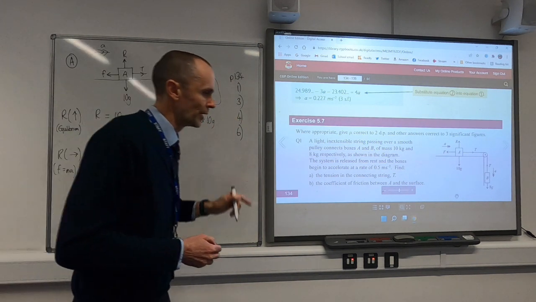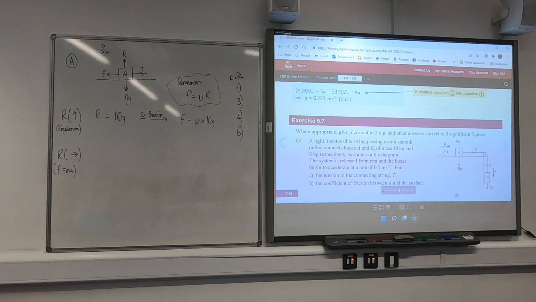I'm going to call to the right positive. I can choose whichever direction I want to be positive, but it makes sense in this case because that's the way it's accelerated. Friction always resists the movement, so that's why in this case friction is going against that movement.